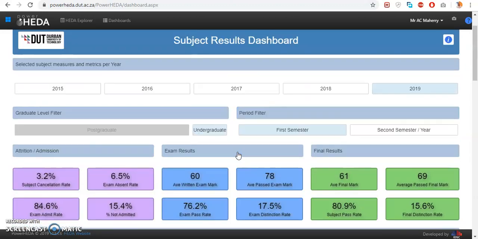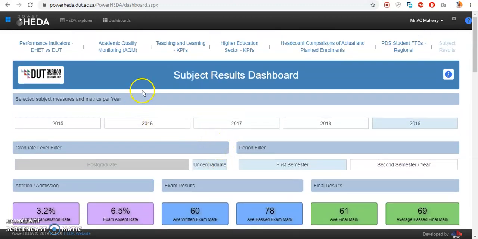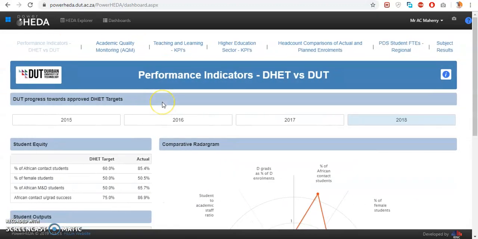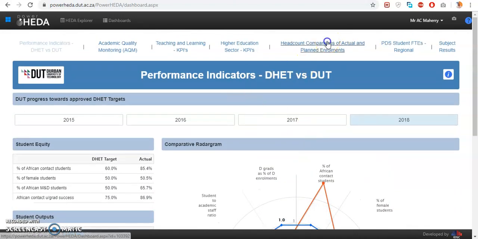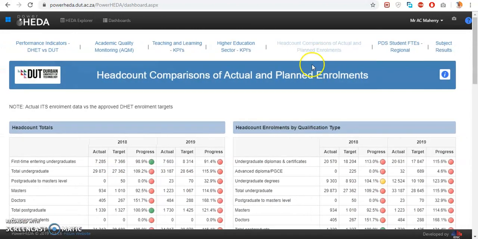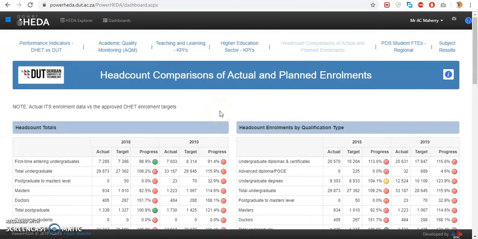So, as a reminder, PowerHEDA is pulling data from your HEMIS data, your Higher Education Management Information System data. It's pulling data from your ITS system in order to make sure that your data is live. And it's showing you the various indicators and your key performance indicators with regards to your DHET targets, and you're able to access your live enrollments as registrations are taking place.